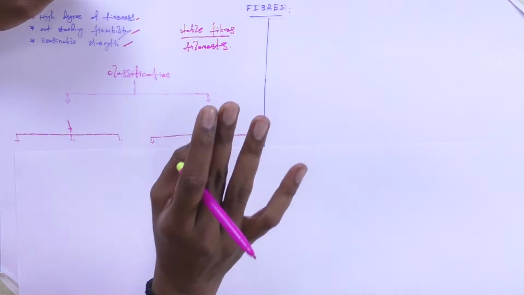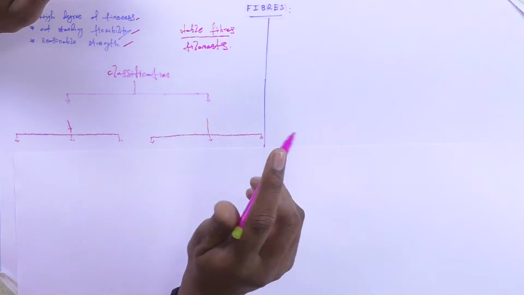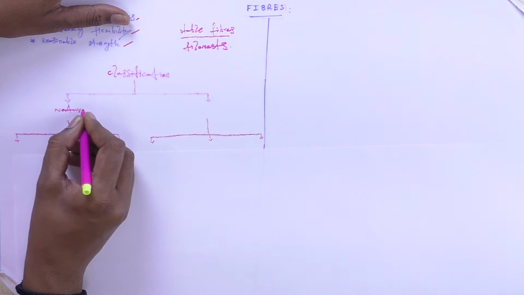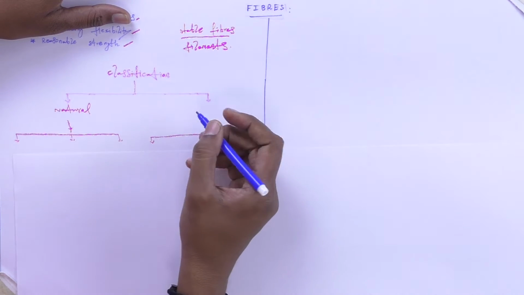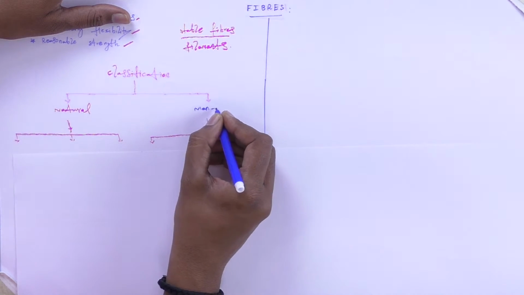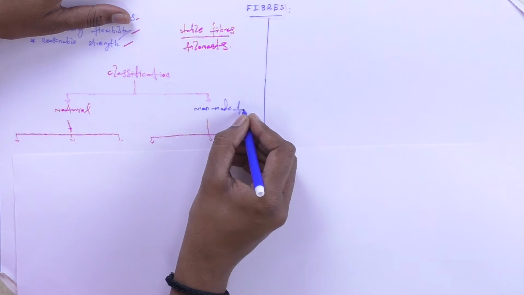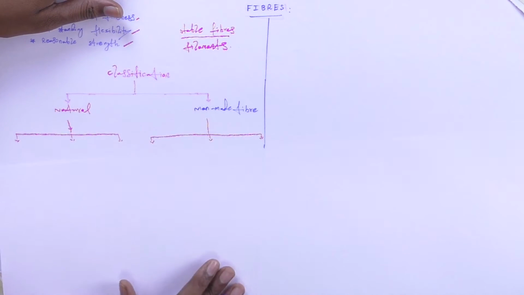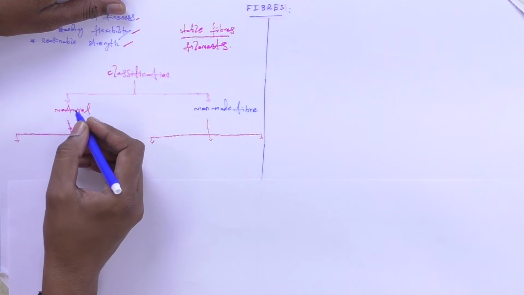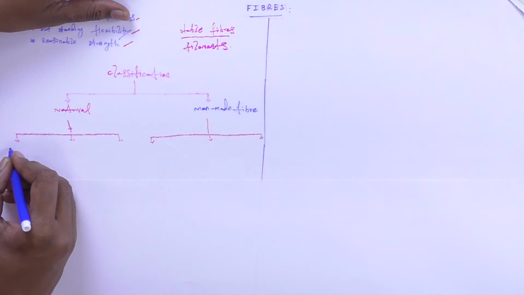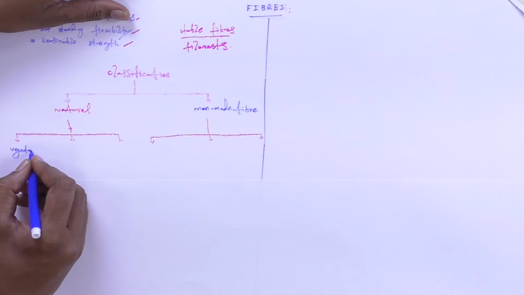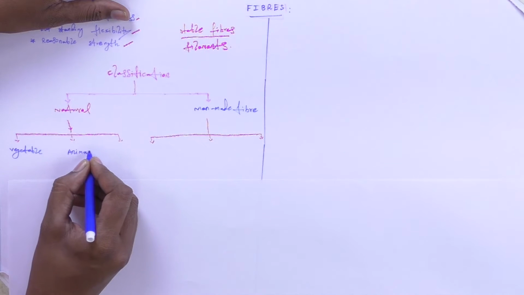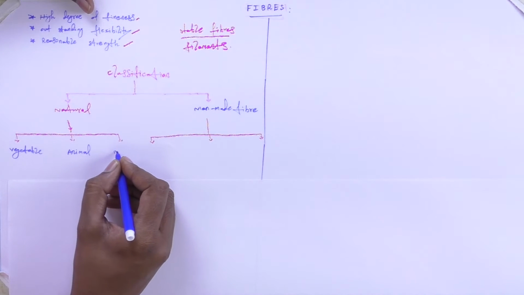So the classification is broadly of two types: natural fiber and man-made fiber. The natural fiber is further classified into vegetable fiber, animal fiber and mineral fiber.